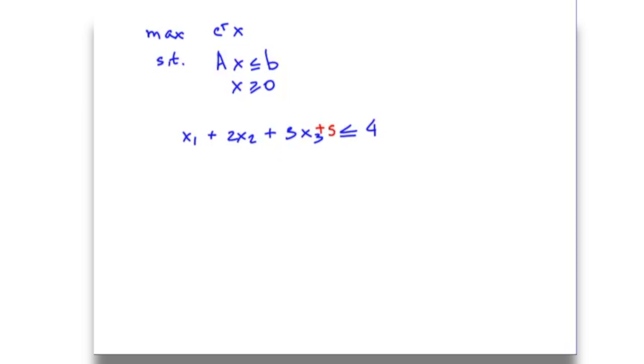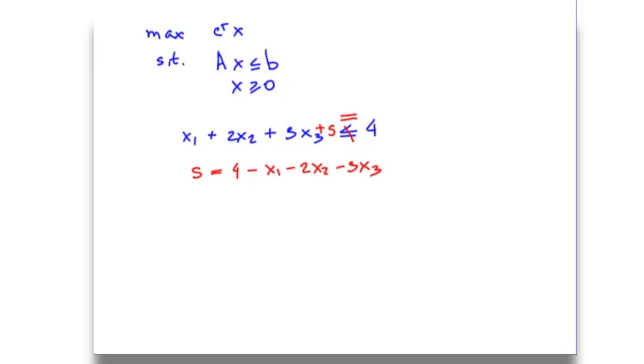And now, by adding this slack, we want to make sure that instead of the inequality, we'll have the equality constraint. S, the slack, is the difference between the right-hand side and the left-hand side. So S is 4 minus x1 minus 2x2 minus 3x3. All right, so this is the difference between the right-hand side and the left-hand side.